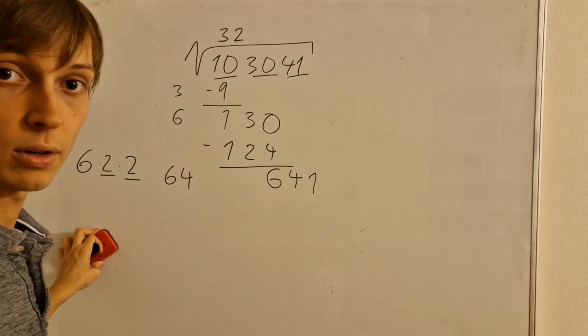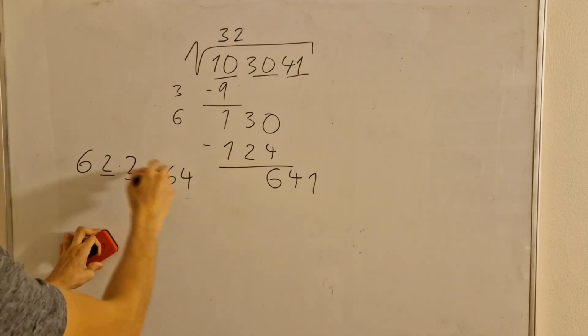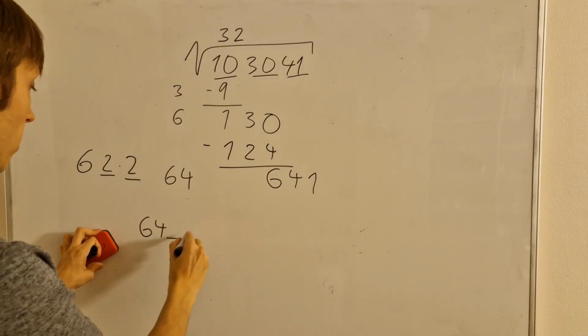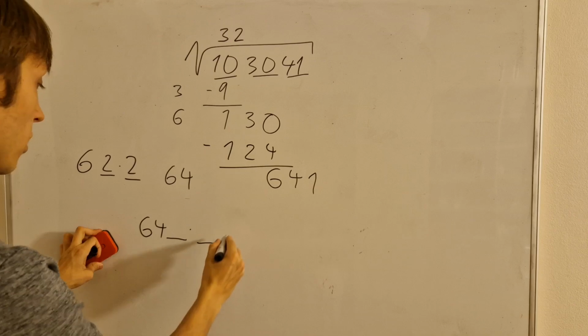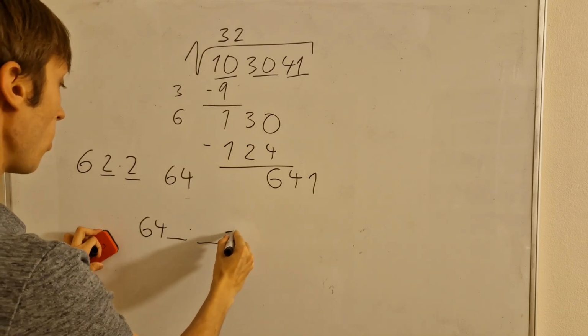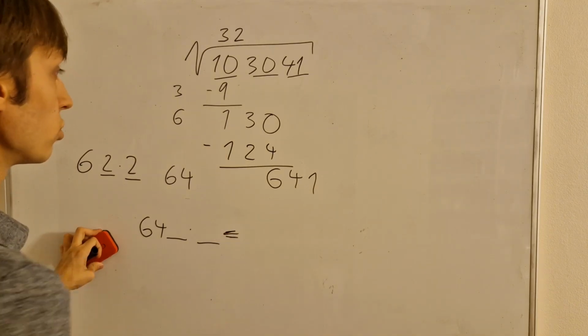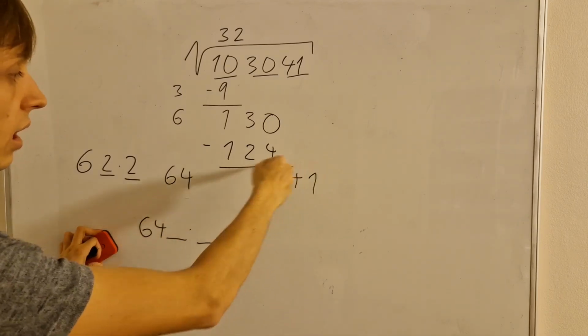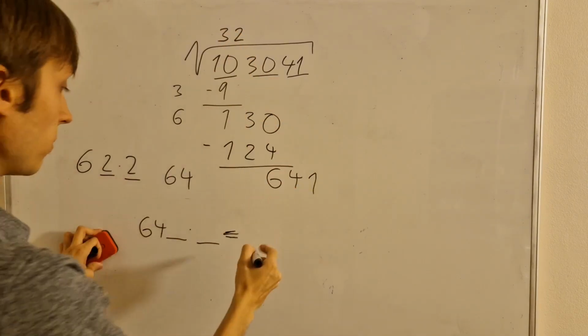So I have 64. And now we'll do the same thing but with 64. So 64 and add what number times that same number in order to be smaller or equal to, again, the number that we have here, the last one so far in this chain.